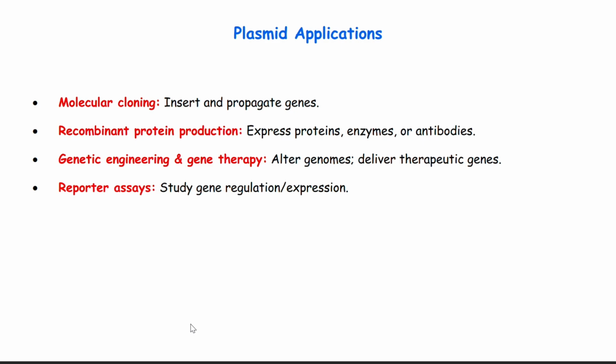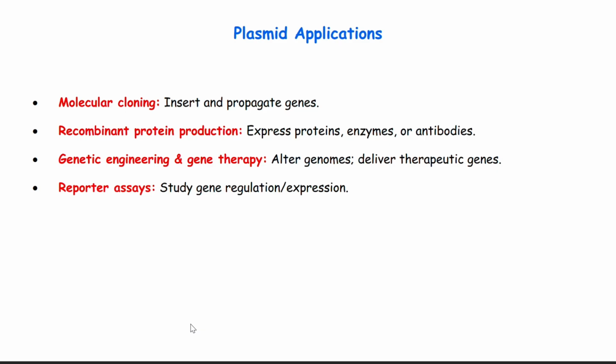So, plasmids are important because their design is simple but powerful. They allow scientists to copy genes, produce proteins, test gene activity, and even deliver new genes into cells for therapy.